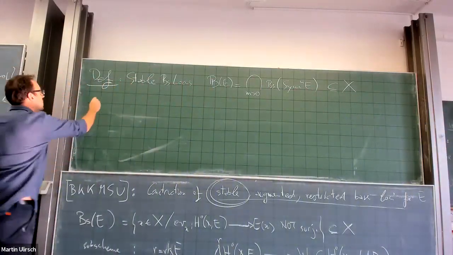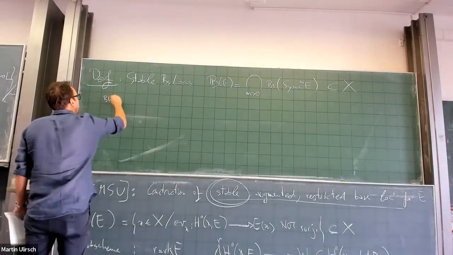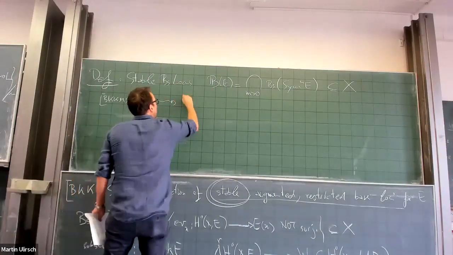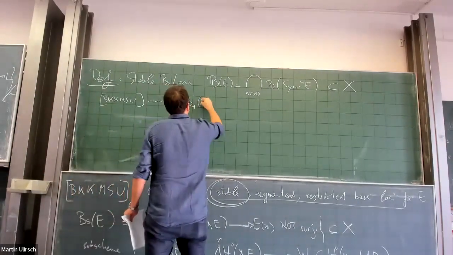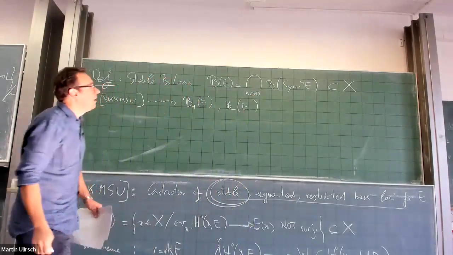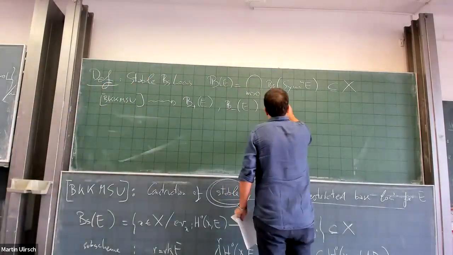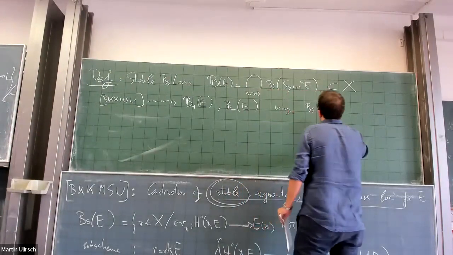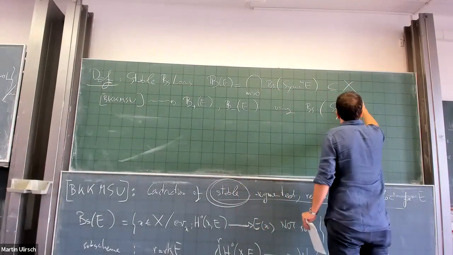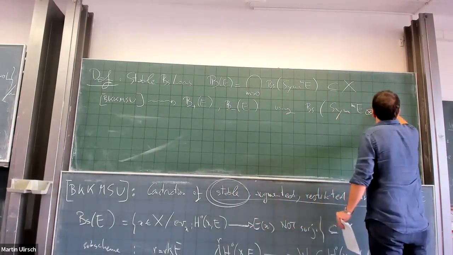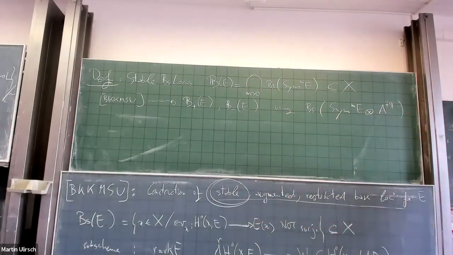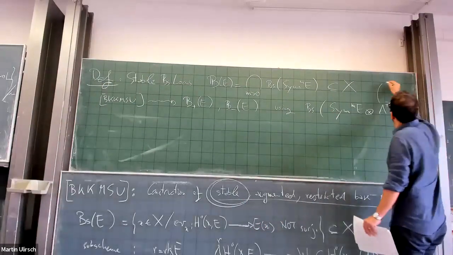Using this kind of construction, we also defined the augmented base locus and the restricted base locus of E, using the base loci where, instead of considering the symmetric product of E, we twist them with an ample line bundle to some power, positive or negative, of a given ample line bundle.